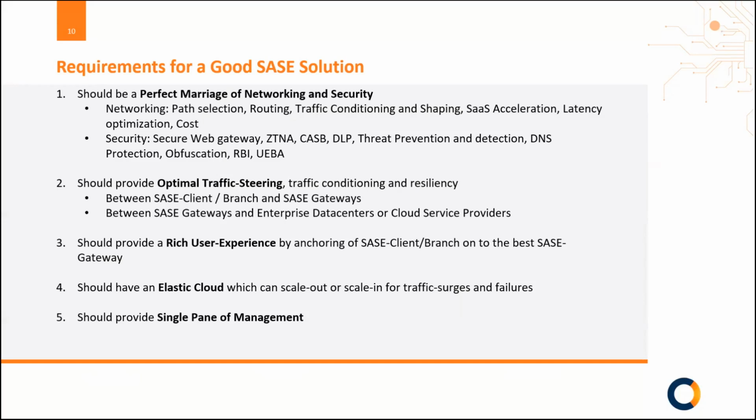And the thing about Elastic Cloud is its scalability and the flexibility of the deployment, being able to accommodate different traffic issues and failures. And last but not least, the single pane of management. This is very important, especially if you have users, branches and the main offices, and you need to be able to apply the policies consistently across everyone and manage all the issues that come up from a single pane.